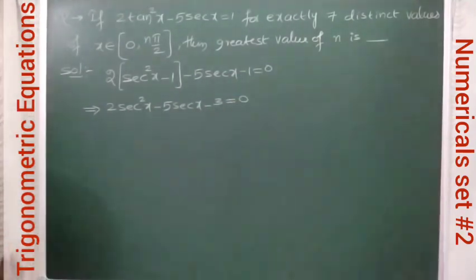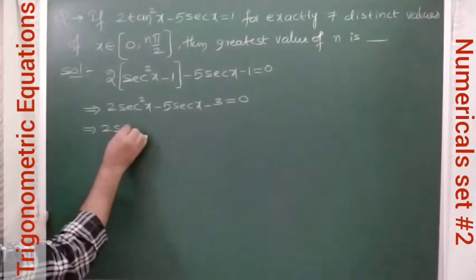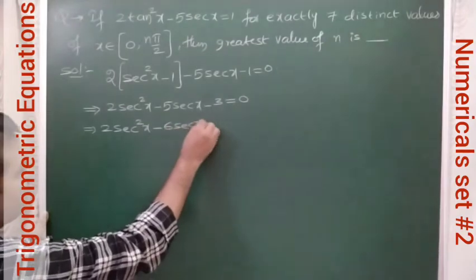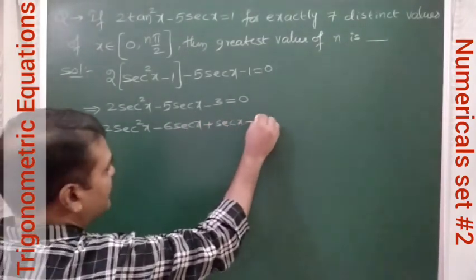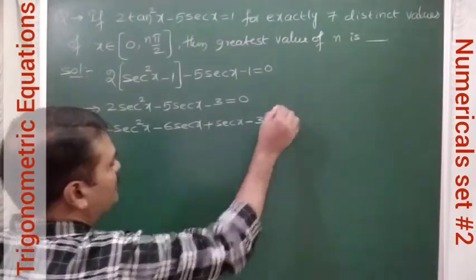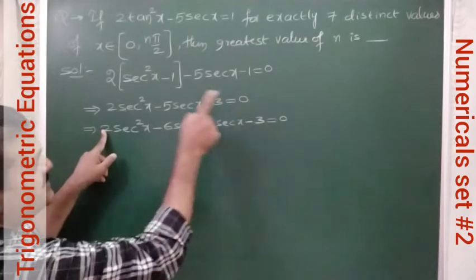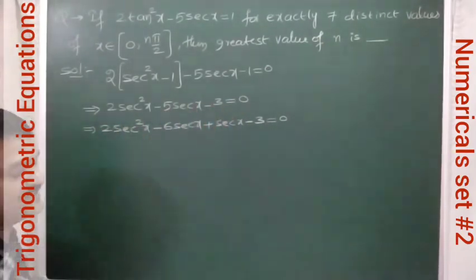Let us factorize this now. So factorizing: 2 secant square x minus 6 secant x plus secant x minus 3 is equal to 0. What are the factors? Product must be minus 6, sum must be minus 5. So minus 6 and 1 are the factors.